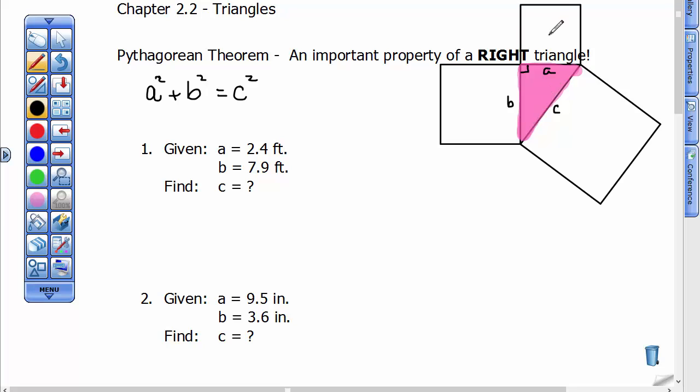This square right here is dimension a by a, and its area would be a squared. This square right here is dimension b by b, and its area would be b squared. And this square right here is c by c, and its area would be c squared, because the area of a square is its side times side.